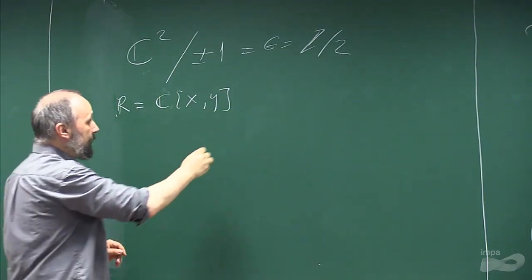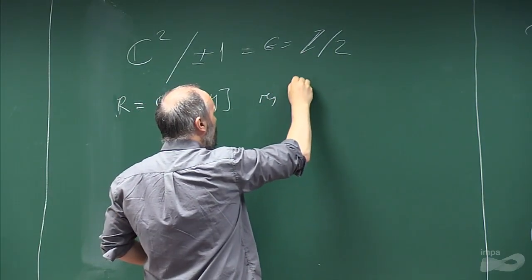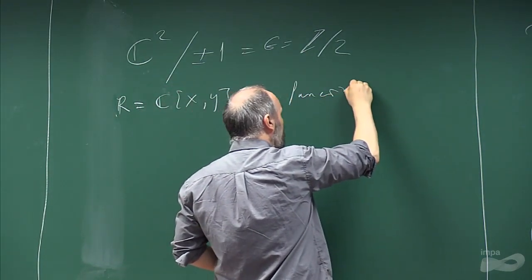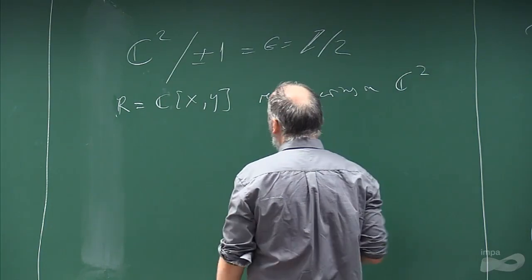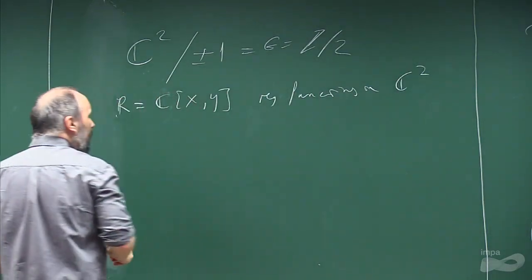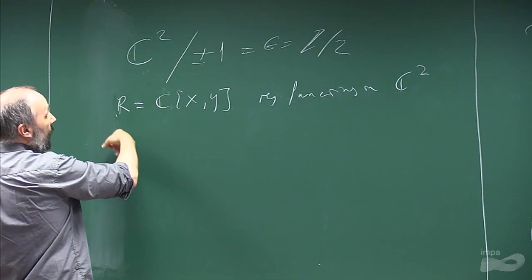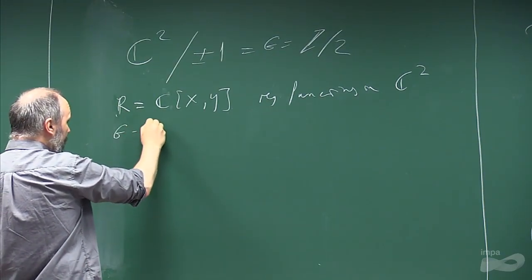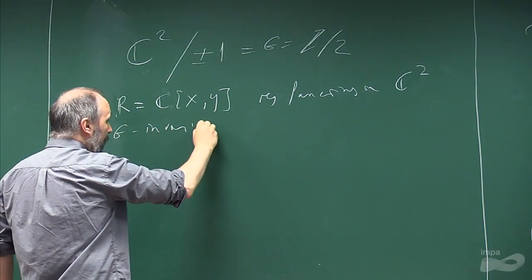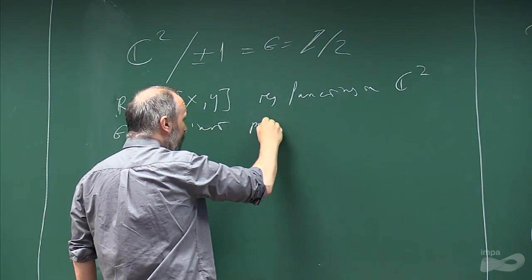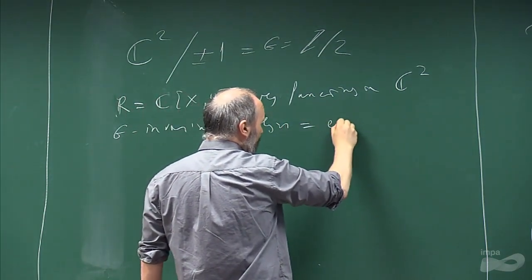These are regular functions on C^2. And then you have the G-invariant polynomials, which is the same as even polynomials.